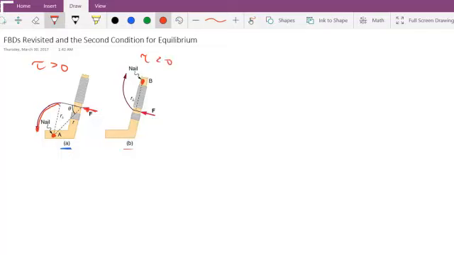Now, if we were to say this is in translational equilibrium, meaning that it's not accelerating in the x, y, or z directions, then in both cases, A and B, we'd have the sum of forces in the x direction equal to 0, the sum of the forces in the y direction equal to 0, and even the sum of the forces in the z direction equal to 0.